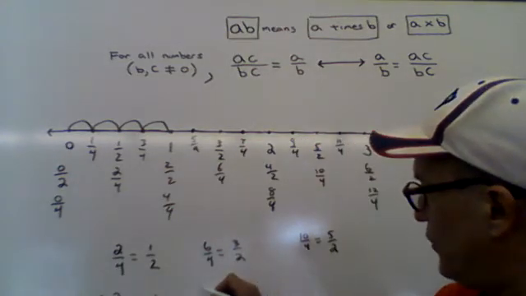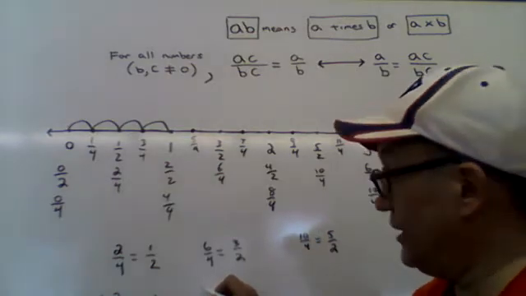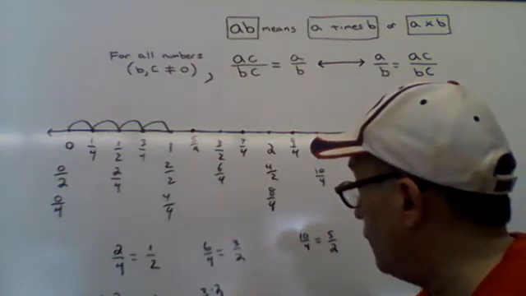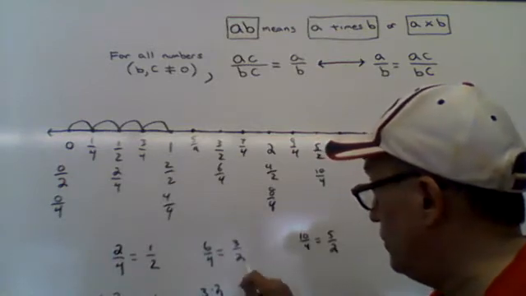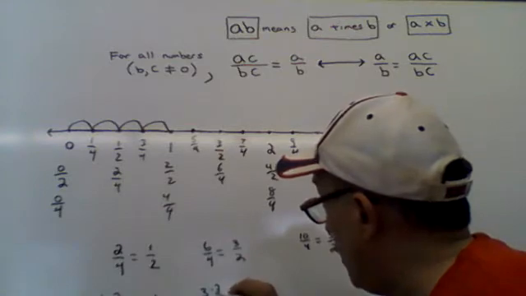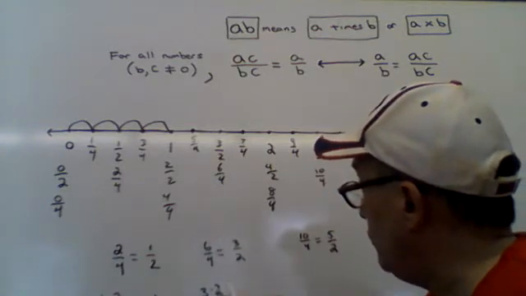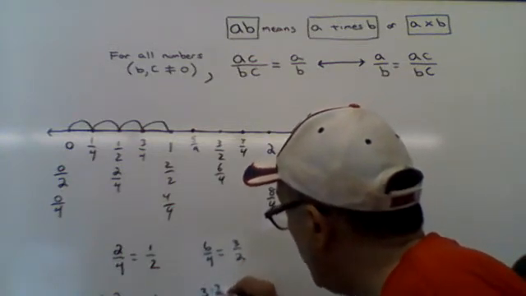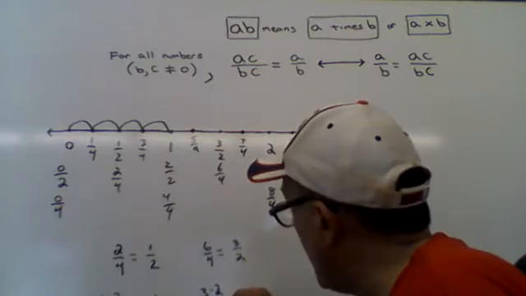Let's look at the 6/4. Let's think of the 6/4 as 3 times 2 over 2 times 2, right? I haven't done anything tricky here. All I've done is realize that 6 is 3 times 2, and 4 is 2 times 2. These raised dots here, the raised dot between the 3 and the 2, these are not decimal points.